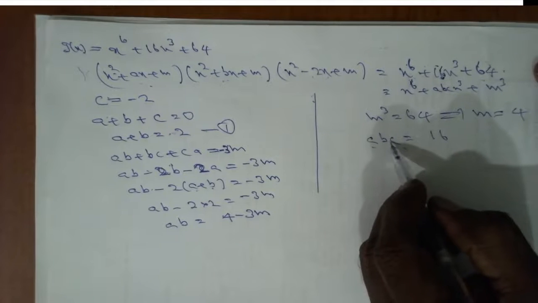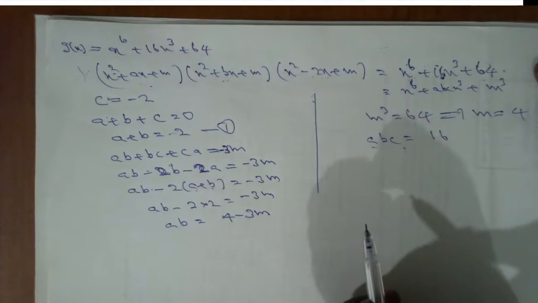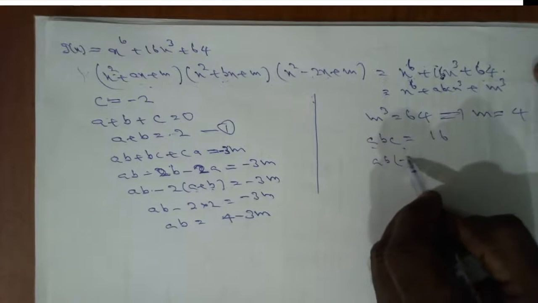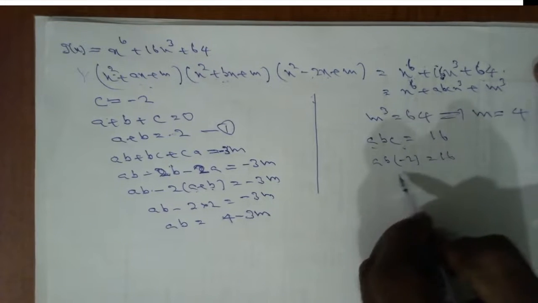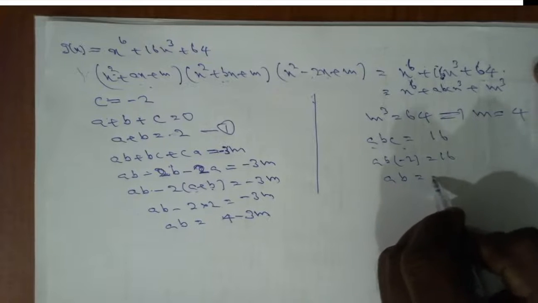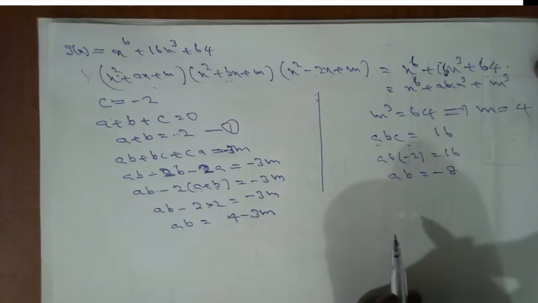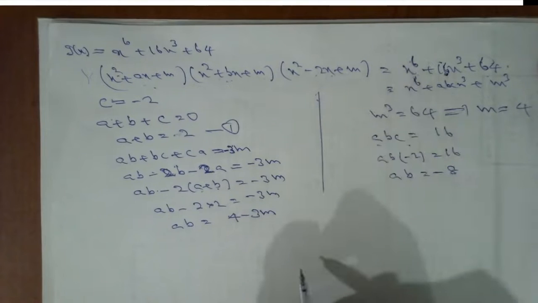Now we got c equals minus 2. So ab into minus 2 equals 16. Then ab equals minus 8.